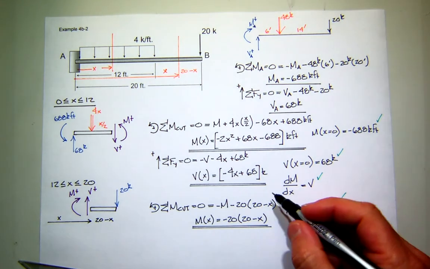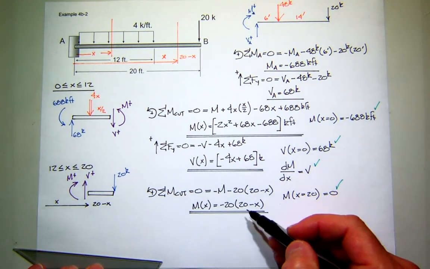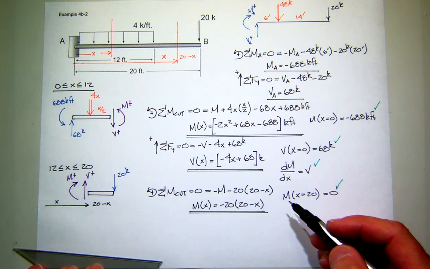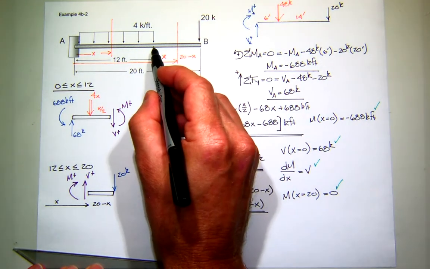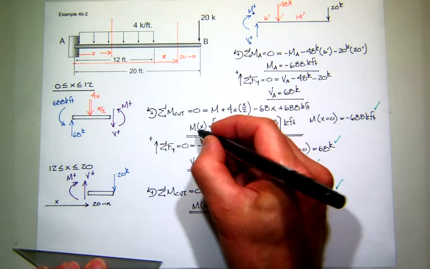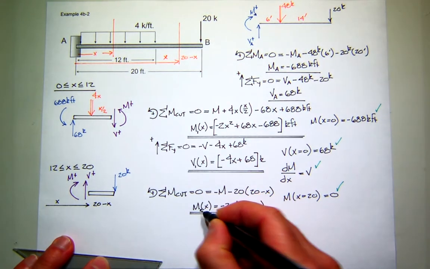Now, there's one other thing we can do. With this moment equation, these two moment equations share a point. What point do they share in terms of X? They're both good at X equal 12. Okay? So I'm going to go back and call this moment 1, shear 1, moment 2.